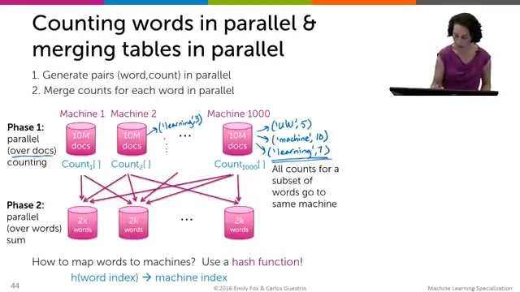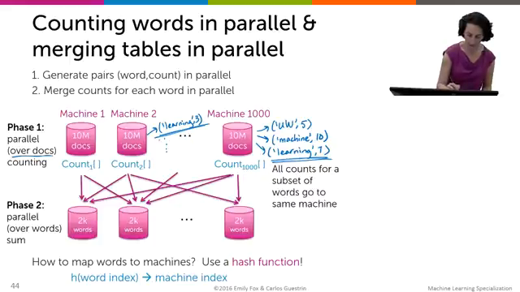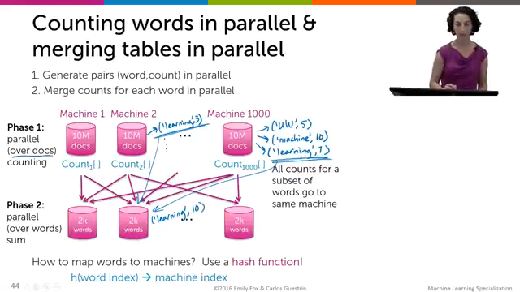So all counts of the word learning that appear in any one of these 1,000 machines are all going to get sent to one machine. Let's say learning all goes to this machine here. And so this is going to then sum these counts. And in this case, if these were the only 2 instances, it would output learning with a count of 10.